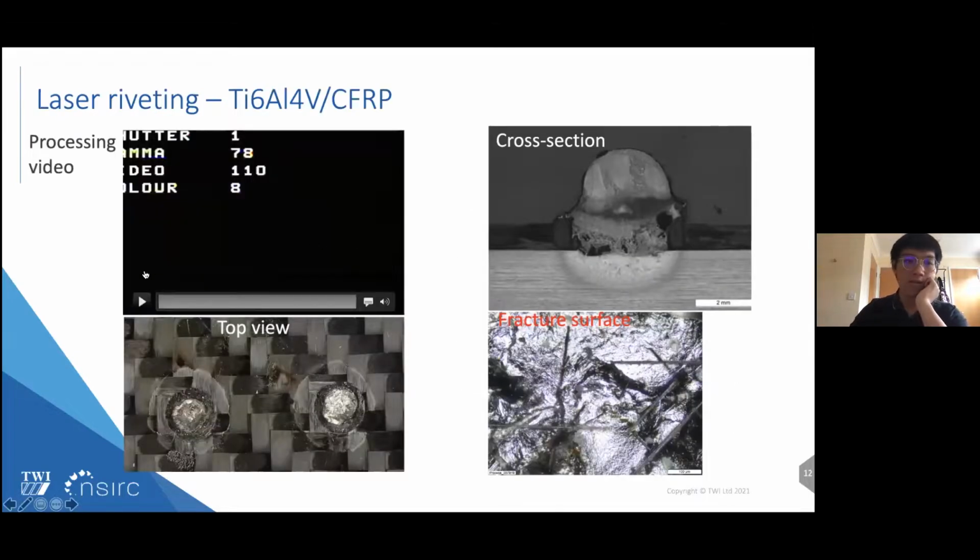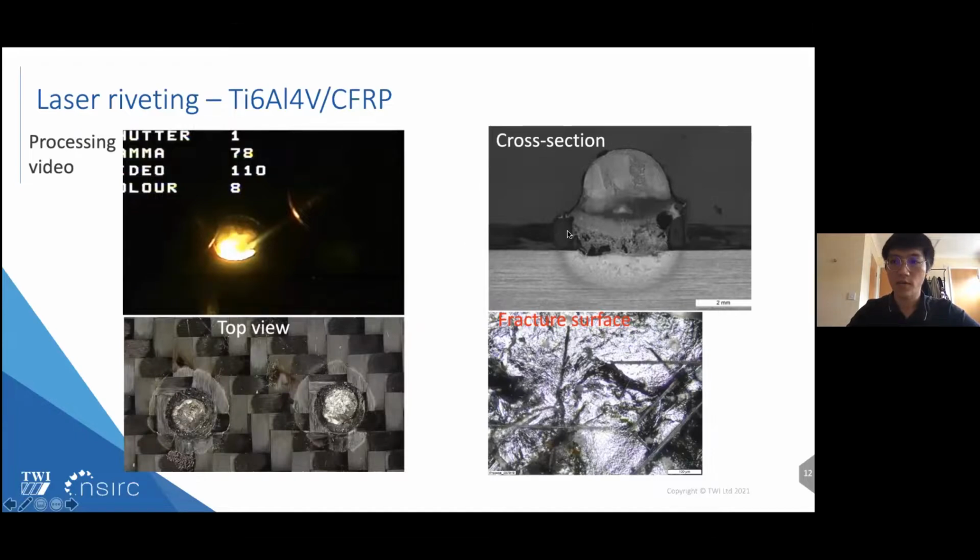And the laser riveting concept was also explored in the composite drawing, but in this experiment, a ceramic bush is inserted here, inside here, to prevent the composite sheet touching the deposition in the process.